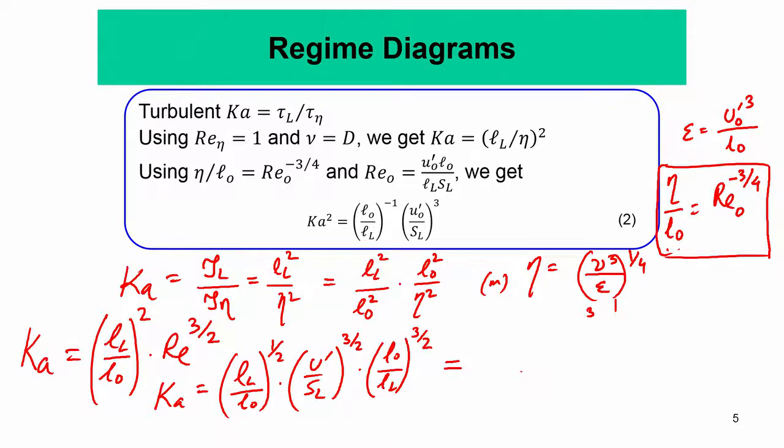And then this comes to be equal to, this is minus because this is inverted, half times u prime by SL to the power of 3 by 2. All right.